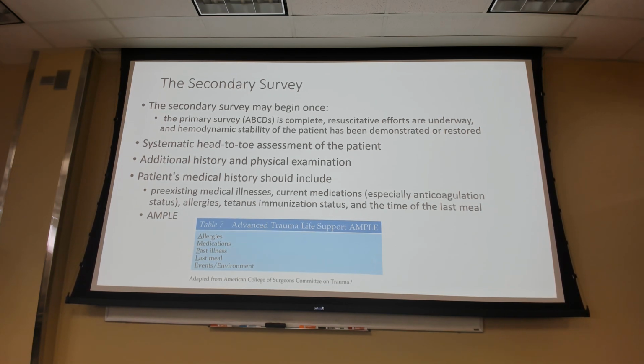It's always a pain because they're such small pieces, very difficult to get out. Do I want to do more damage than good when I'm trying to remove those? Is it something we can leave in there? So it is a detailed exam, but we don't start it till we've demonstrated some sort of hemodynamic stability of the patient. Then we can move into our secondary exam. That's what we'll talk about today.